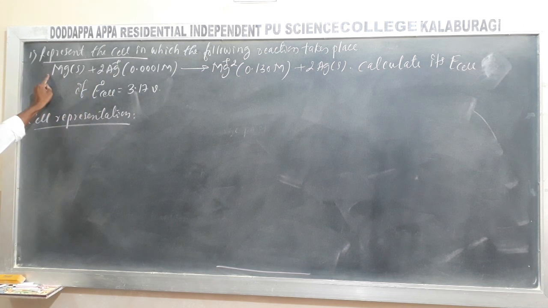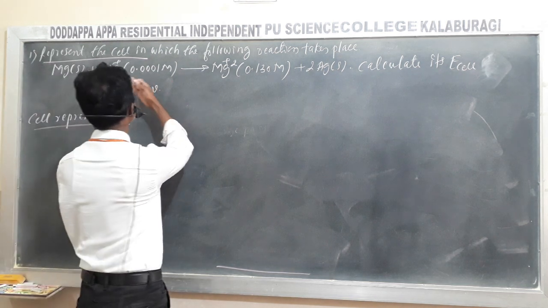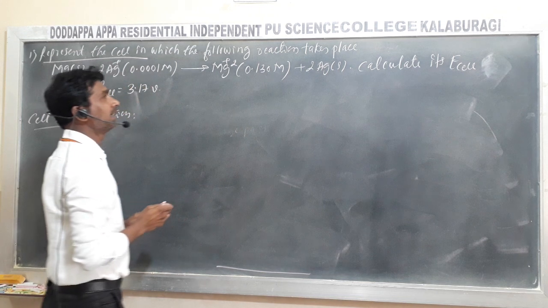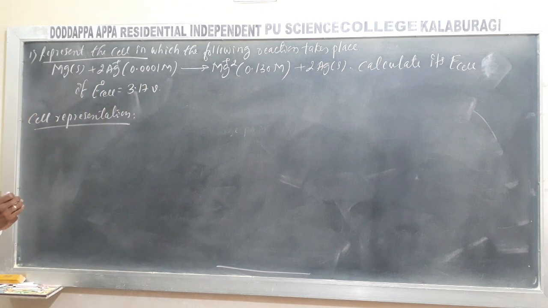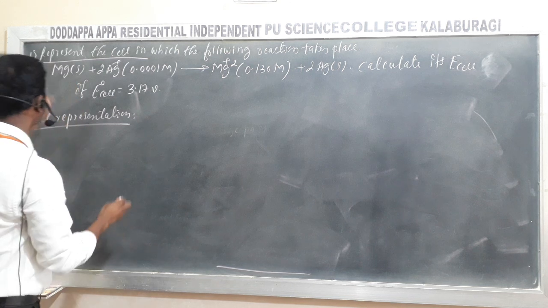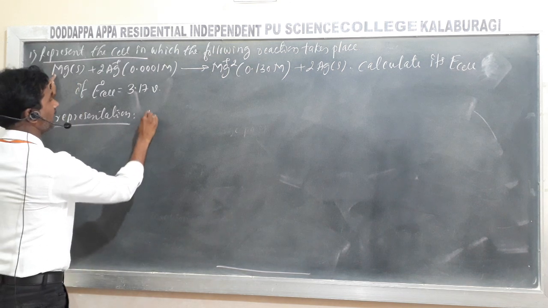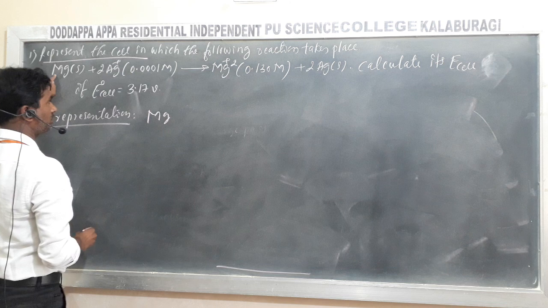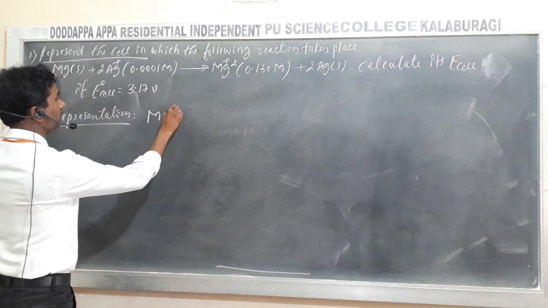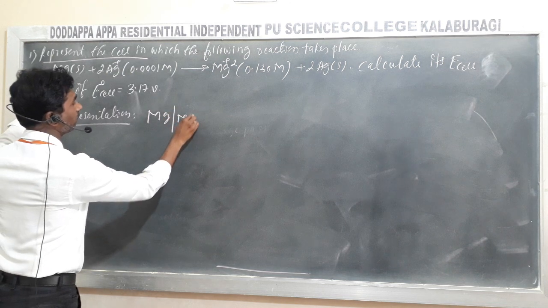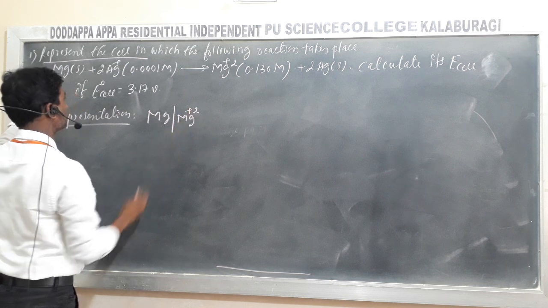The oxidation half cell is always on the left hand side and the reduction half cell is always on the right hand side. The metal should be at the extreme end, and the two half cells are separated by the salt bridge. First is Mg, the magnesium, and this magnesium is dipped in Mg 2 plus.